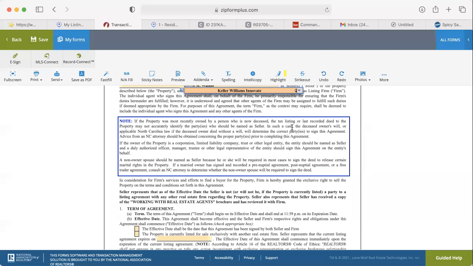But it could be that the will designated someone else to be the owner once that person died and the tax record doesn't get updated. So if you're not sure about who should be listed as the seller, you can always reach out to me and we'll try to figure it out together. Or they may have hired an estate attorney, and that estate attorney could direct you on who should be the name of the seller on any documents.